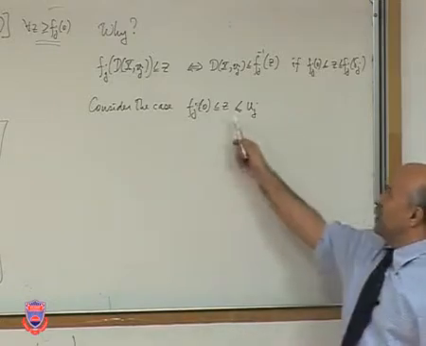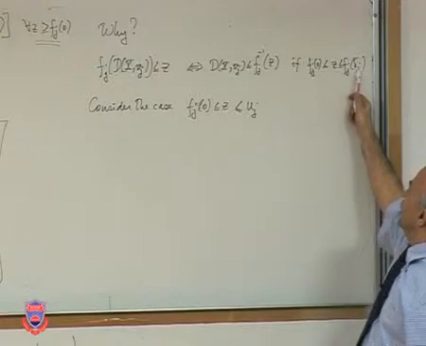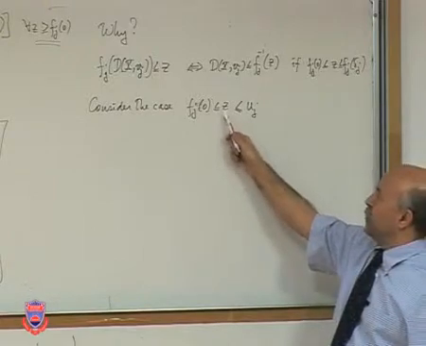When Z is between Fj of 0 and Fj of delta j, there are two possibilities.